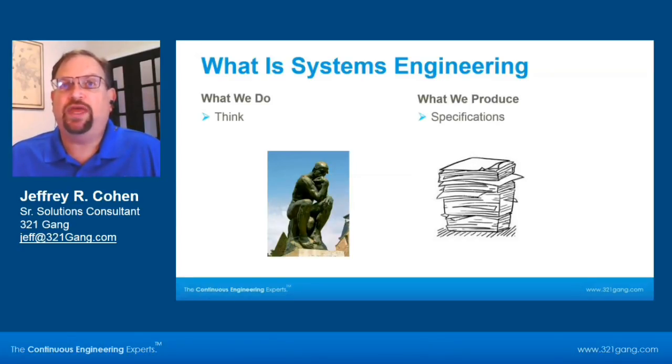Rather, we get paid to think. Think about what the product is going to be, or what the project is going to be, and how it's going to be all brought together. Like I said, we don't produce the software or the hardware or the mechanical. We produce the specification. In other words, we say, what has to be done, what the parts are, and what parts are going to do what, and what the goodness is for the validation for the testing.